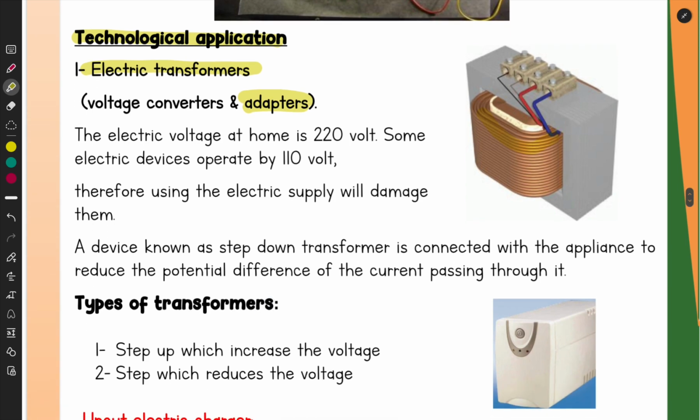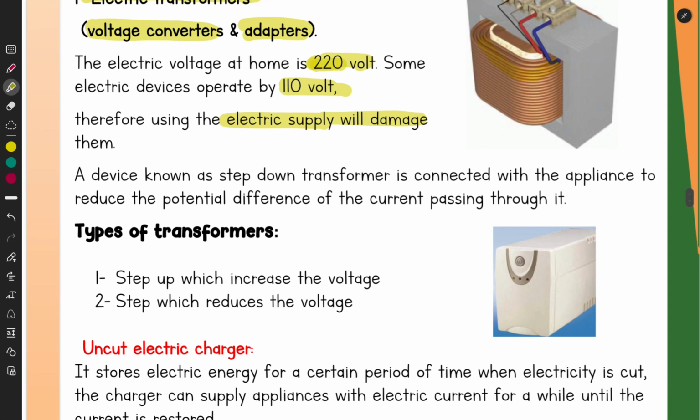This is used as a voltage converter. We know that the voltage in our homes is 220 volts. Some electric devices operate only at 110 volts, so using the electric supply directly will damage them. So this device is used to convert the 220 to 110 volts.